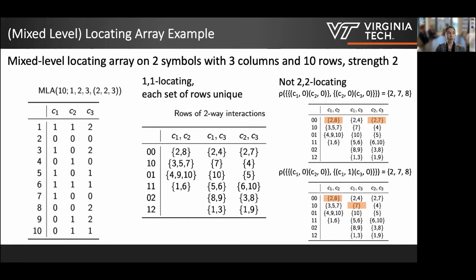So if I use this MLA as a test suite, and the set of rows that fail are 2, 7, and 8, I can't tell if that was caused by the interactions highlighted in the top right table, or if it's caused by the interactions highlighted in the bottom right table. So this fails to be 2-2 locating, although it is 1-2 locating.